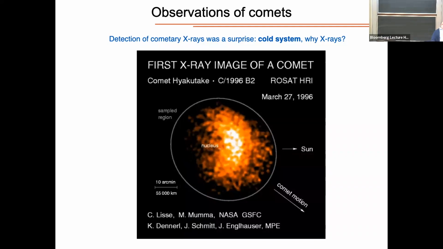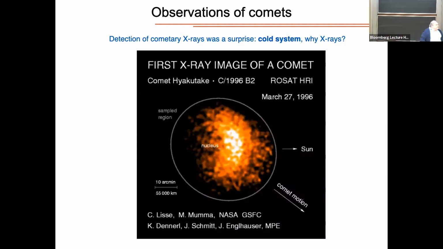And here's the first ever X-ray image of a comet. By itself, it's ridiculous. A 20 Kelvin gas cannot produce X-rays, no matter what. You need millions of degrees, at least. So one needs to make a theory for that. One needs to explain this observation, because it's really bright. It's not just 1 or 2 photons, it's a lot of photons.